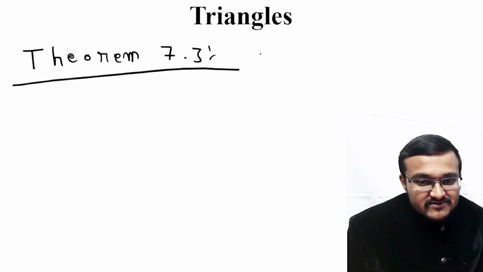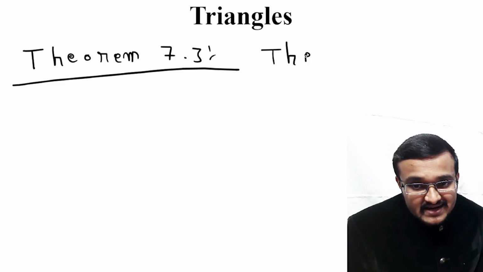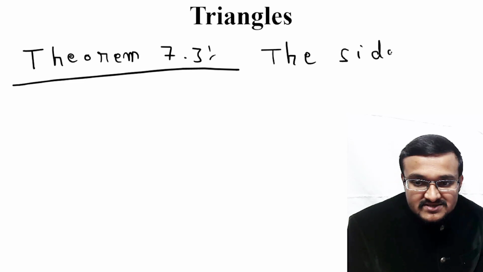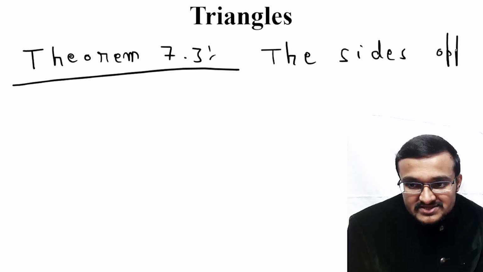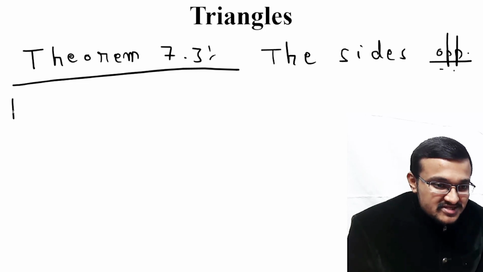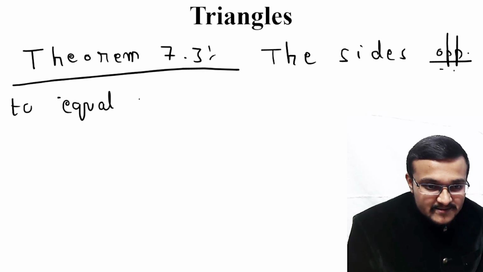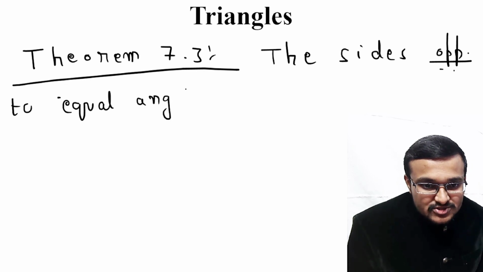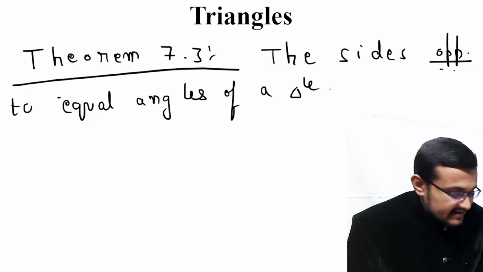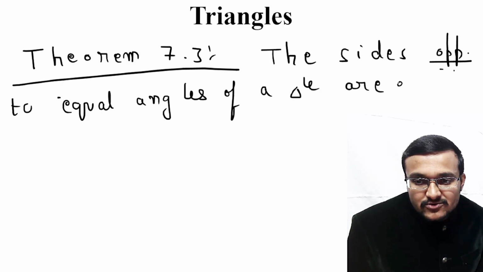So what does this theorem 7.3 state is that the sides opposite to equal angles of a triangle are equal.